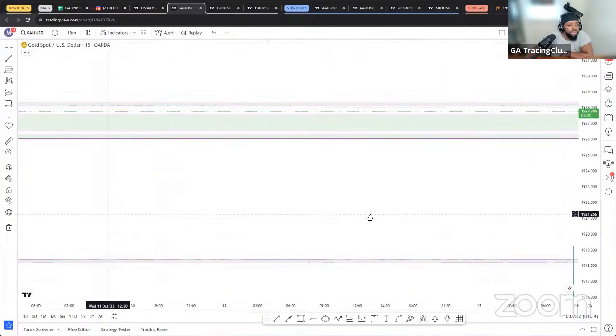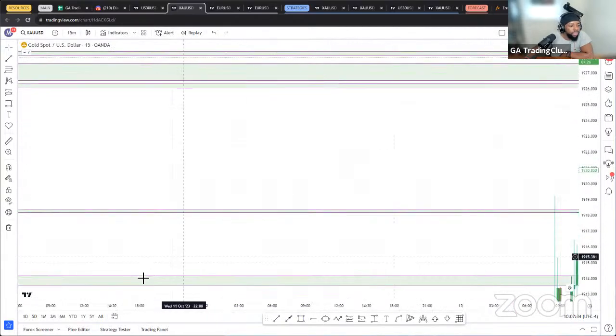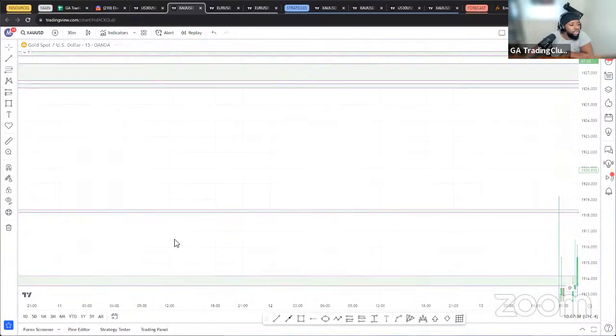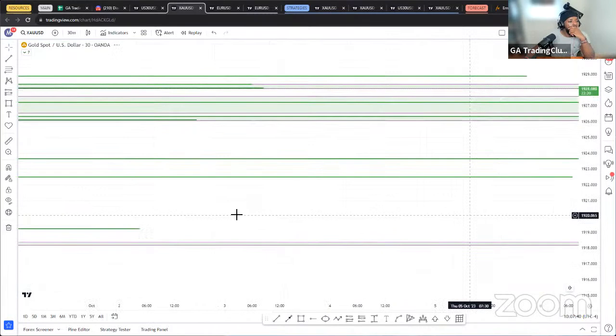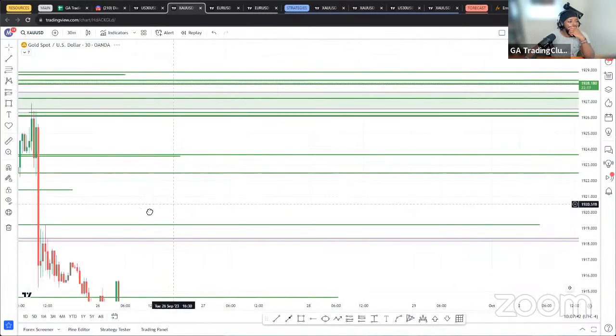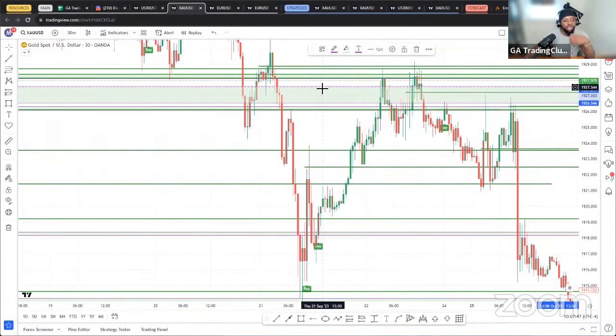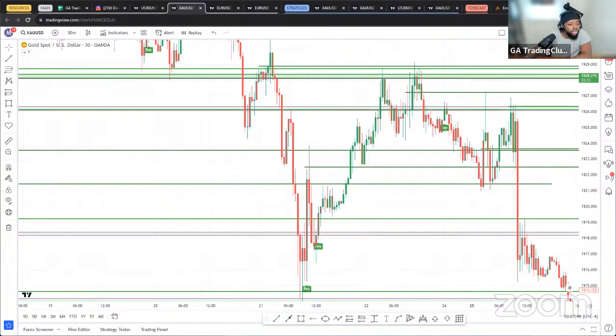What was this? Maybe this was 15-minute. Anyway, if it disappeared, then it is what it is. I think that one disappeared. Anyway, I can't find this zone, so I'll go ahead and delete it.